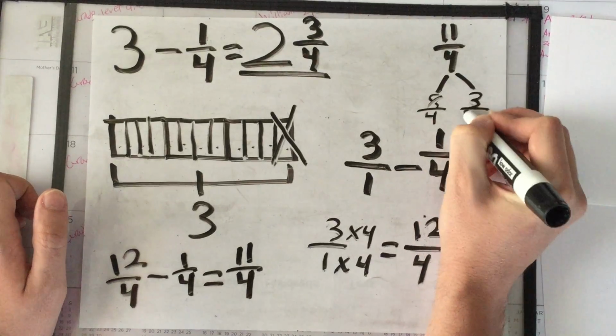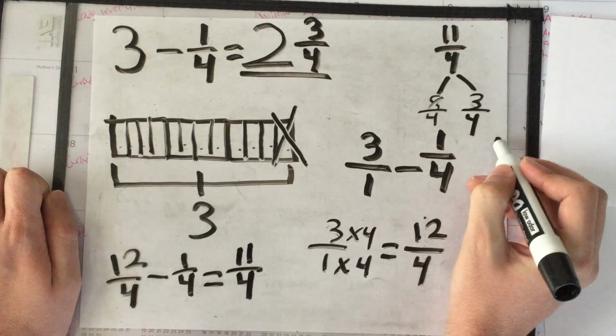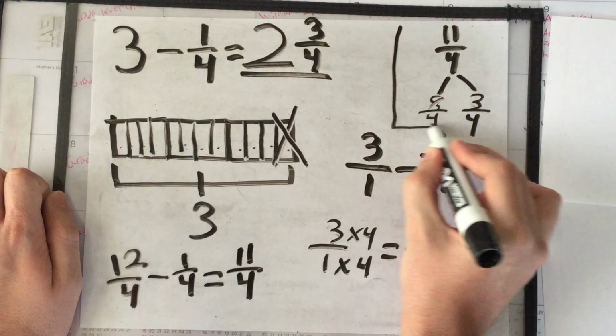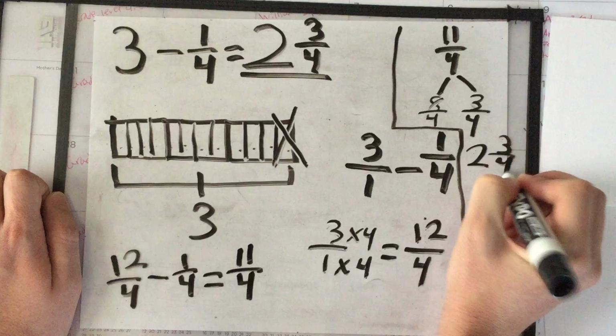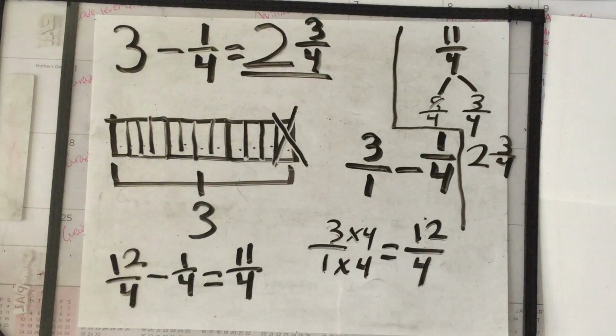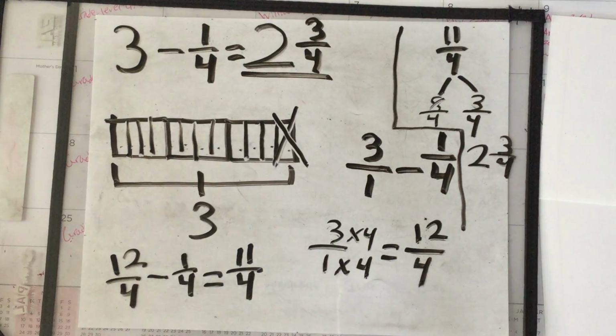And then I would have 3 left. So once again, make a little separation there. Once again, I have 2 and 3/4. I'm going to do one more where I keep my subtraction as a mixed number.